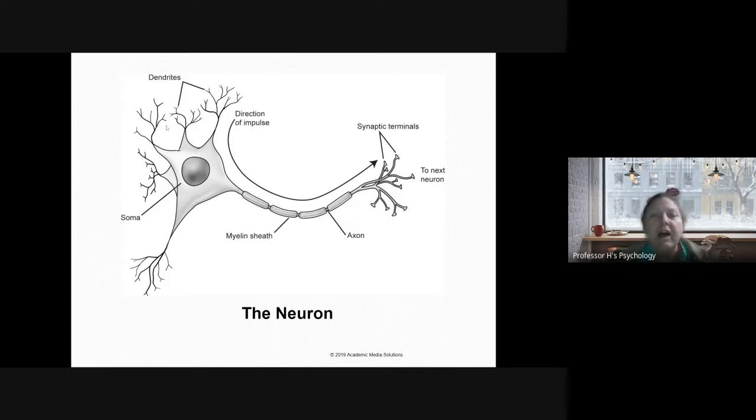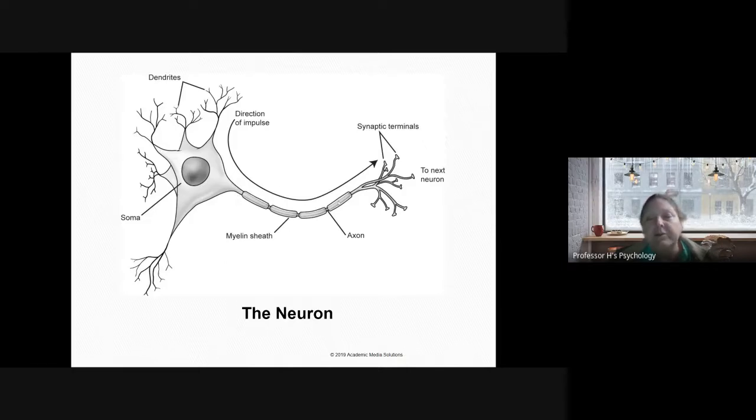So if we have a lot of electrical stimulation, a lot of stimulation here by the chemical messenger, these dendrites receive a lot of signals, then the changes in the electrical charge of the inside of the cell get to a certain level, and bammo, it sends a signal down to the end of the neuron.